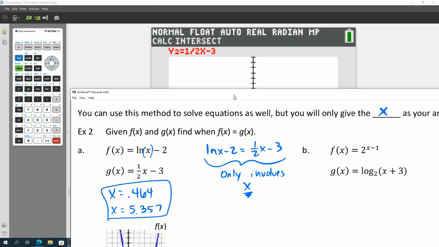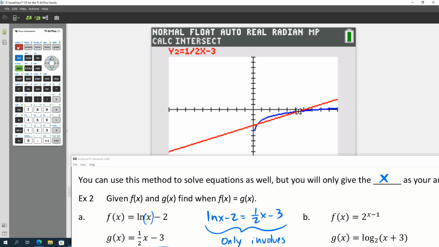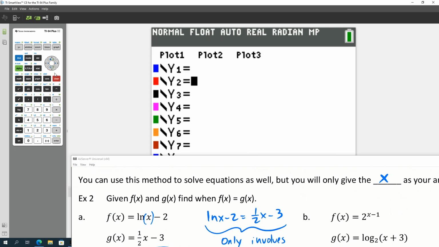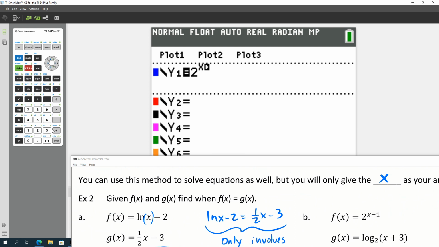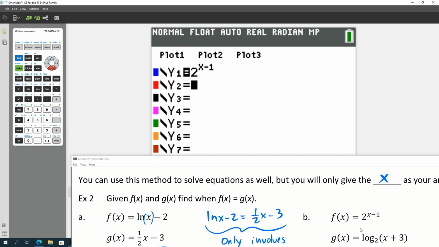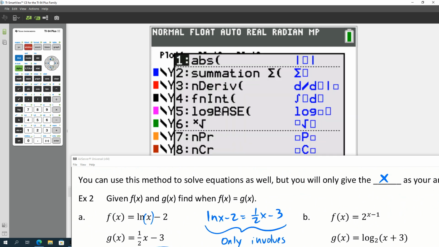Okay, let's look at B. Do you guys remember, well, 2 raised to the x minus 1 is pretty easy. What about log base 2? Do you guys remember how to get log base? Okay, it's alpha window and then choice 5.